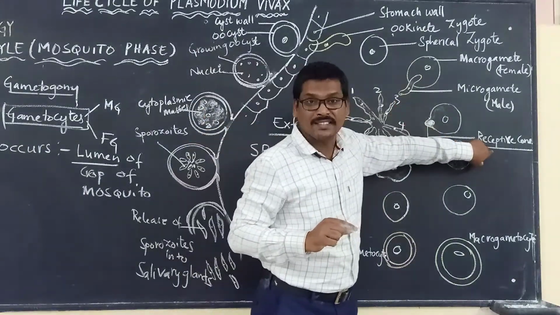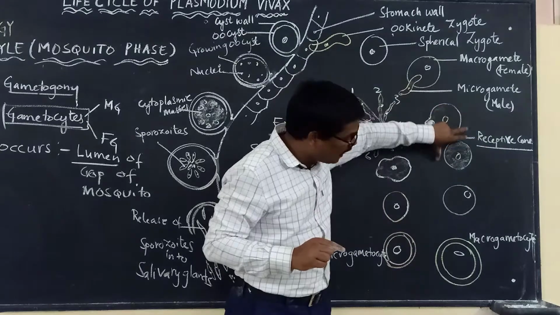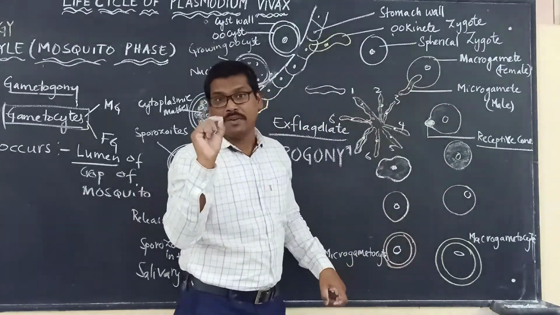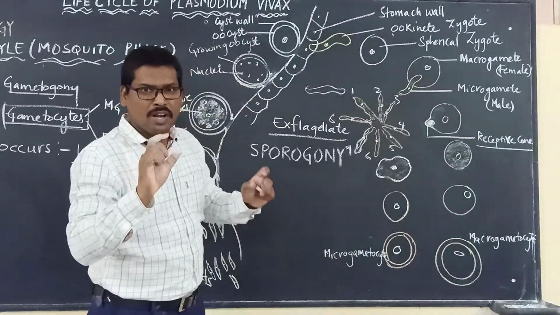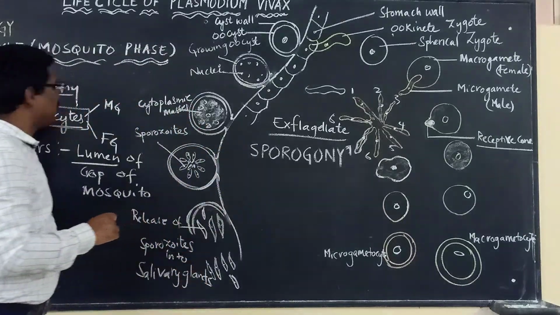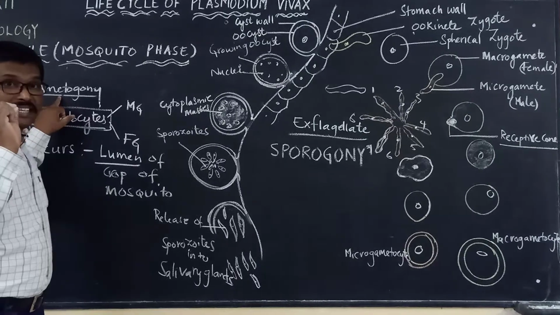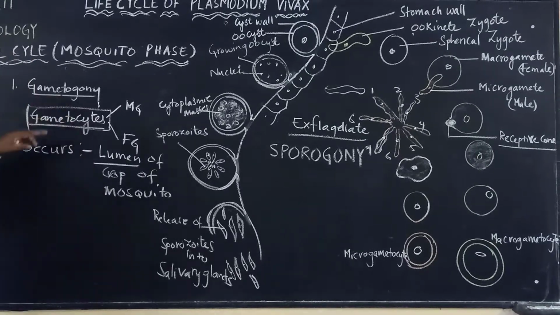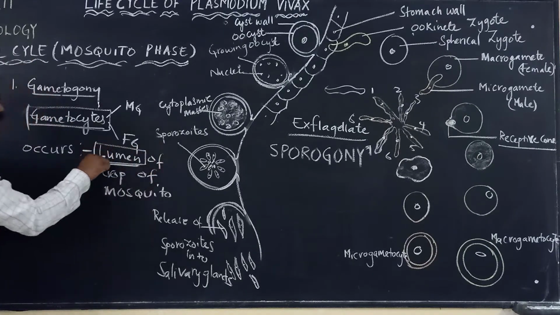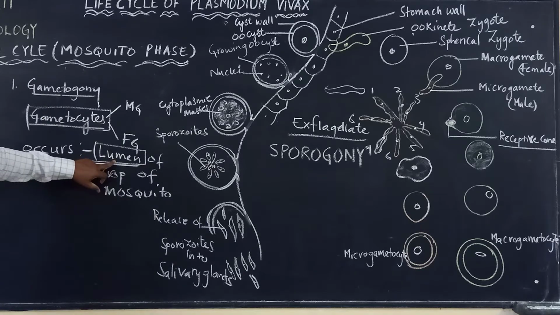Like this, the female gamete will be formed. Now we understood the process of gametogony, the formation of male and female gametes, taking place in the lumen of the crop of the mosquito.